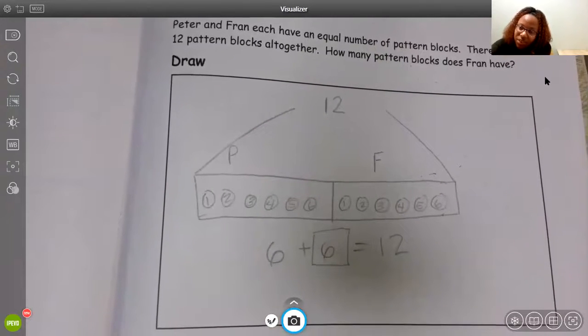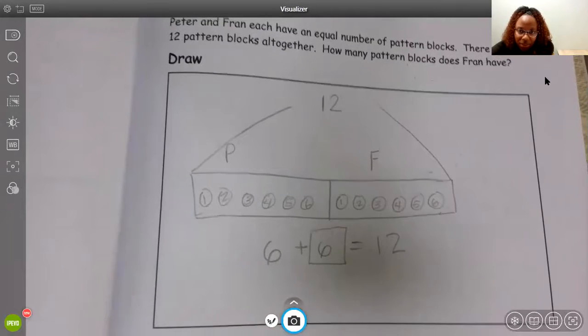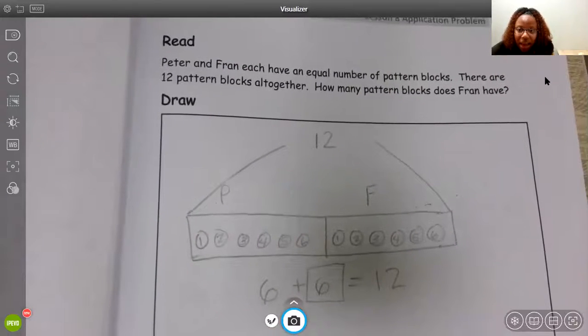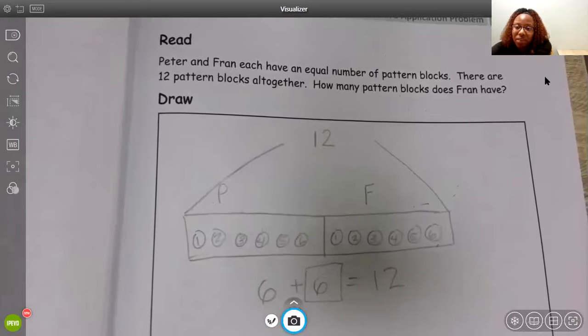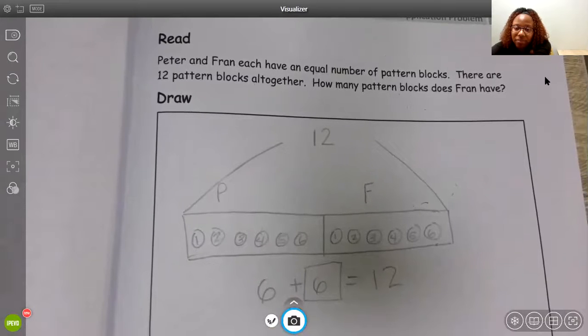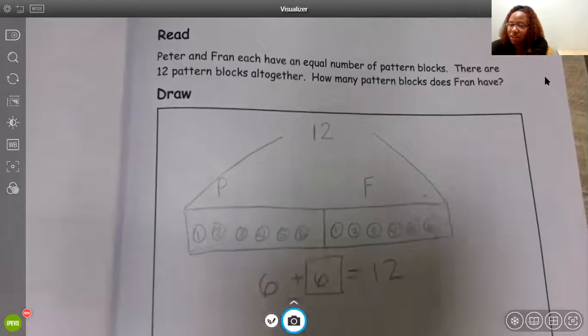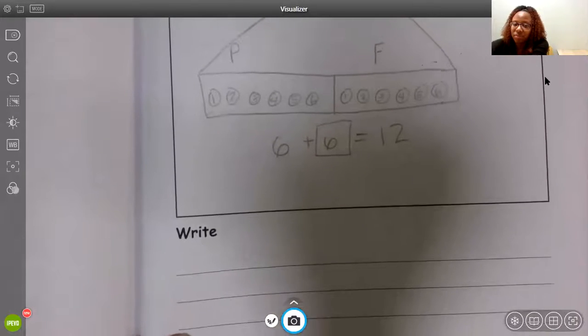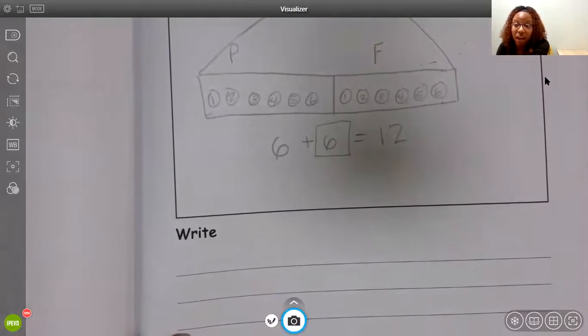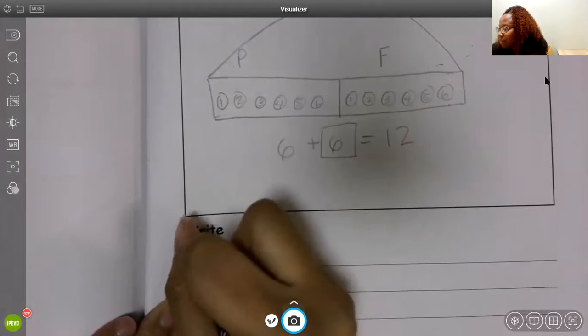So now let's go ahead and write our statement to answer our question. How many pattern blocks does Fran have? What do you think I'm going to write down here? Let's start off with Fran.